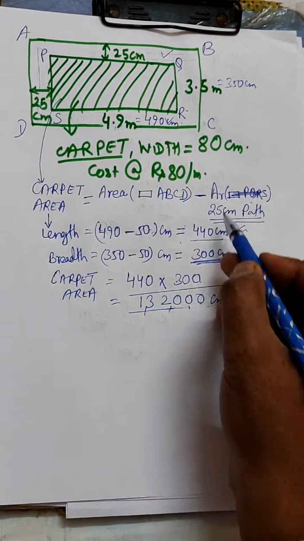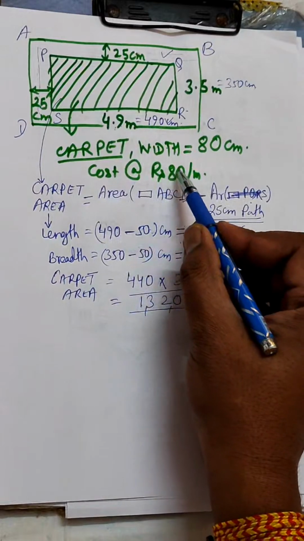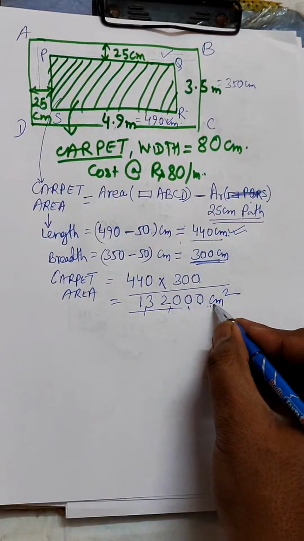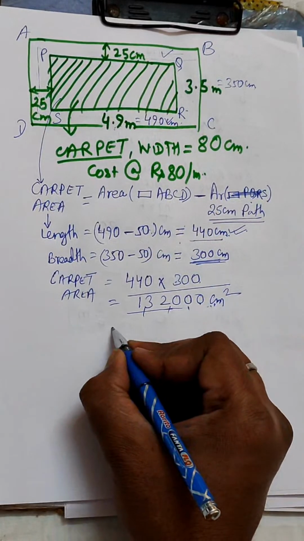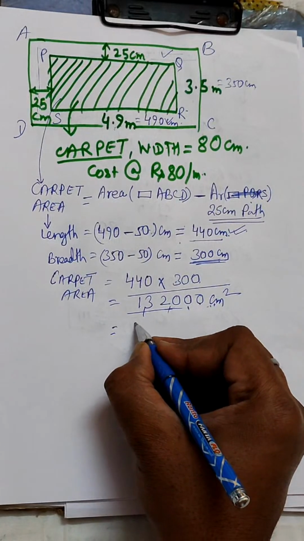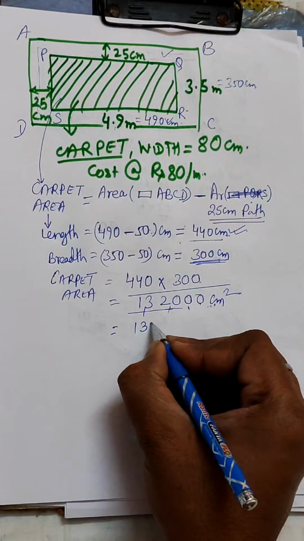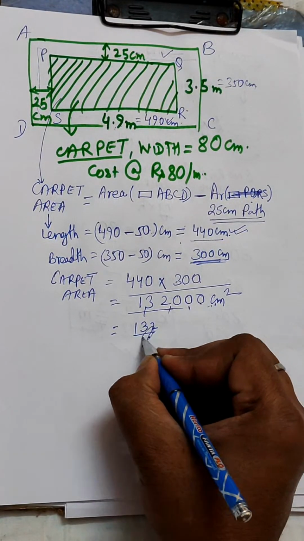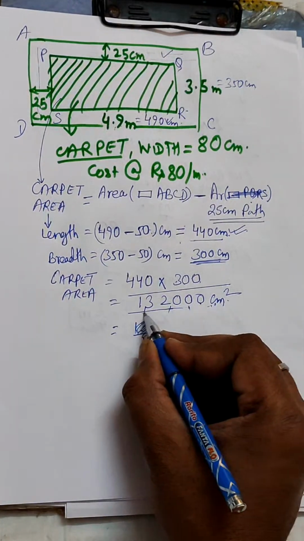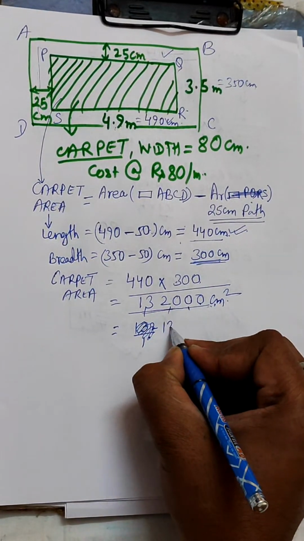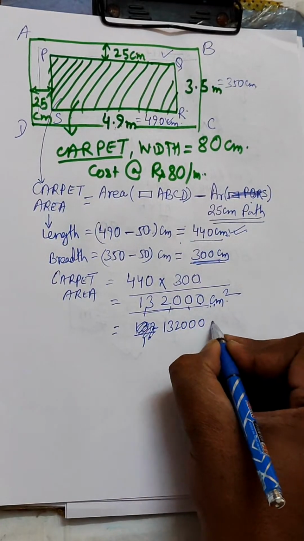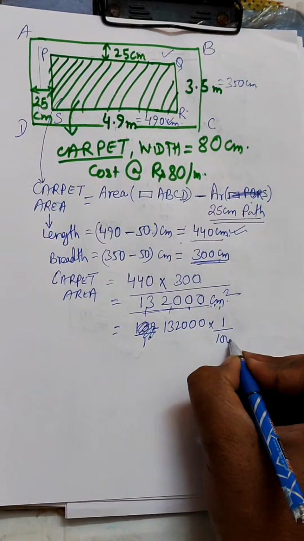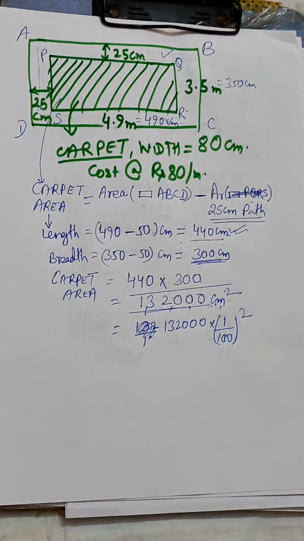But it's given that the cost of carpeting is at the rate of rupees 80 per meter. So just convert it into meter. When you convert centimeter into meter, divide by 100, and this will come 2 times.